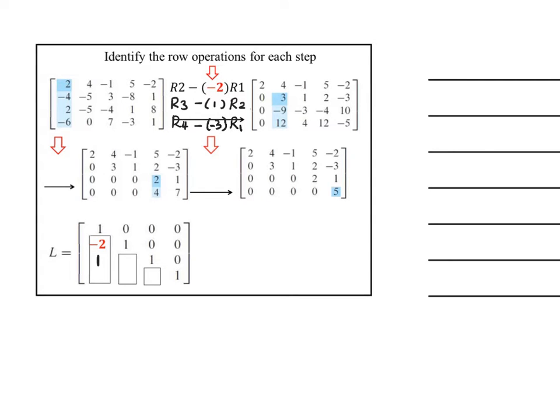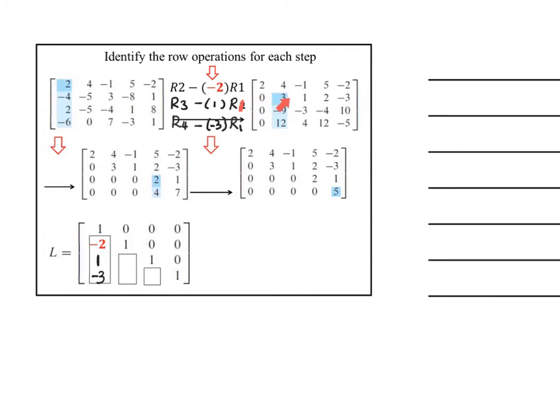Oops, there's a typo here. This is supposed to be row 1, right? So I know the next entry should be negative 3. Okay, so that's how I determine the entries below the 1 in the first column of my matrix L. You just simply record these numbers.